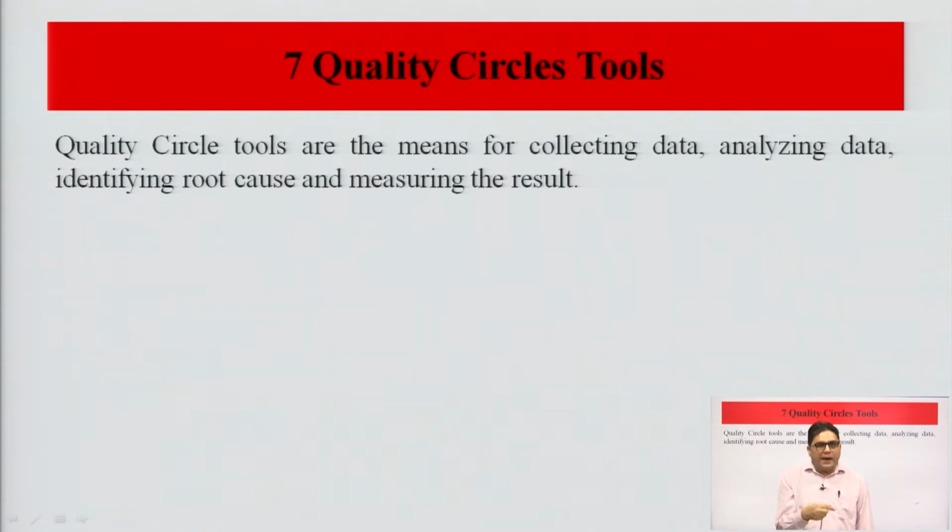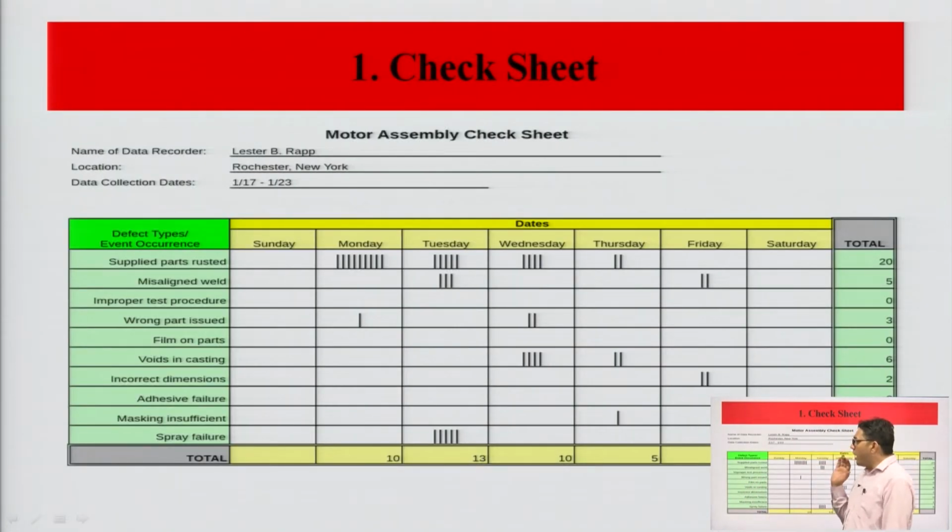We need to analyze this data and identify the reasons behind, or the causes because of which, organizations are not in a position to maintain quality, or some quality defects are expected to happen. One quality tool is the check sheet, especially in manufacturing organizations.